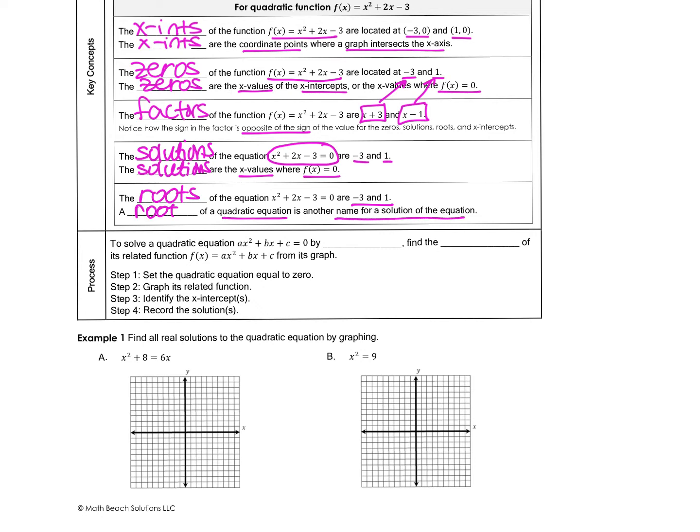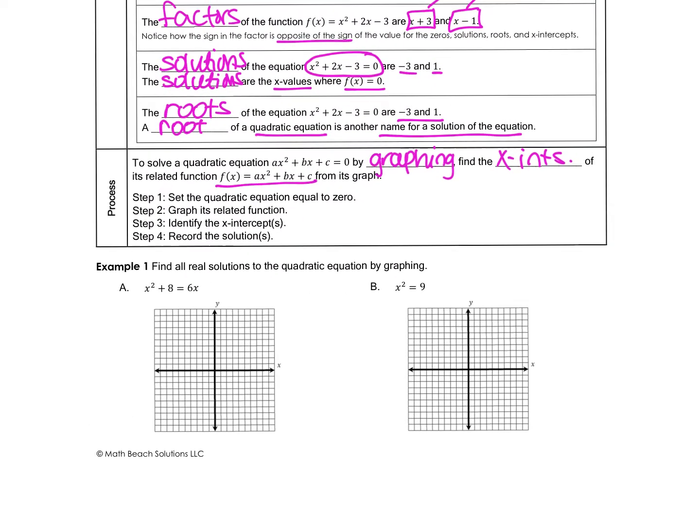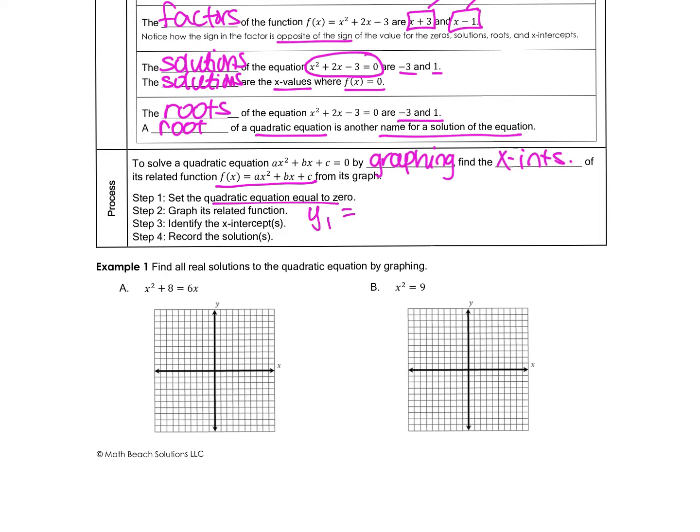A root of a quadratic equation is another name for the solution of the equation. Okay, so to solve a quadratic equation by graphing, we're going to be finding the x-intercepts of the related function f of x equals ax squared plus bx plus c from its graph. Your first step is to set your quadratic equation equal to 0. Then you're going to graph it. Now we're going to use a calculator. In y1, you're going to type in the left side of your equation.